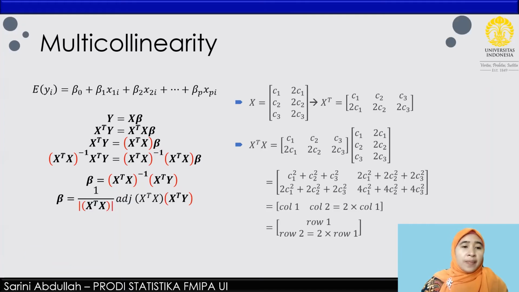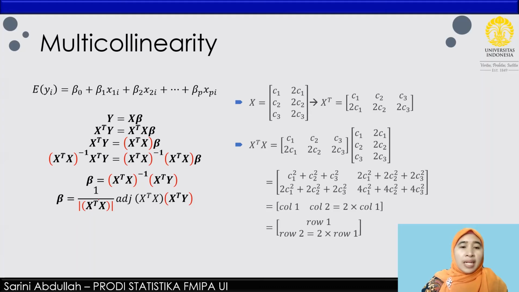Now let's see how to estimate the beta. We need X transpose X inverse. We calculate the inverse of X transpose X as 1 over the determinant of this matrix multiplied by the adjoint of that matrix.